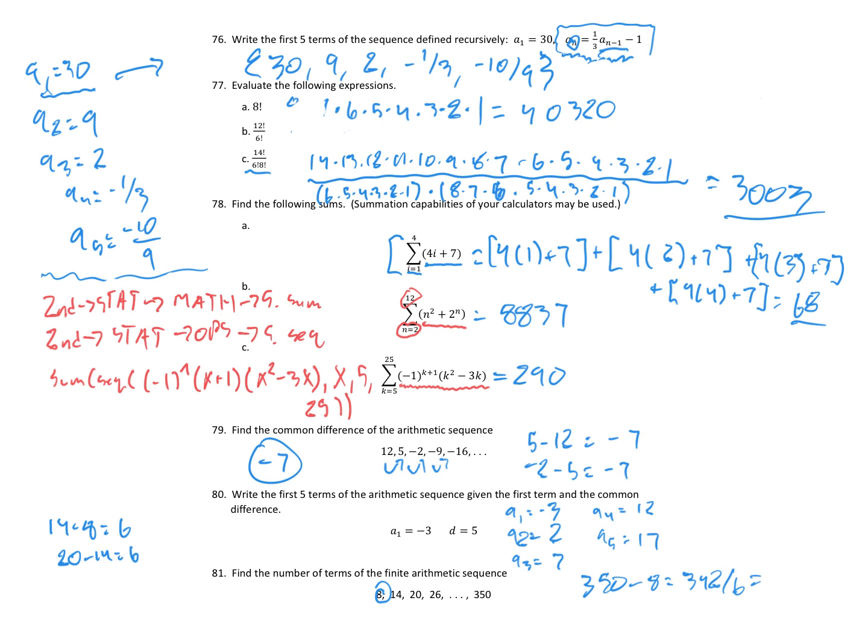What's 342 divided by 6? 57. So this would mean you have to go up 57 times from 8, right? This means that there are 57 terms in the sequence after 8. Since 8 is A1, that would be 58 terms, right? So you start with 1, and then there's 57 more. Yeah, so there's 58 of them.